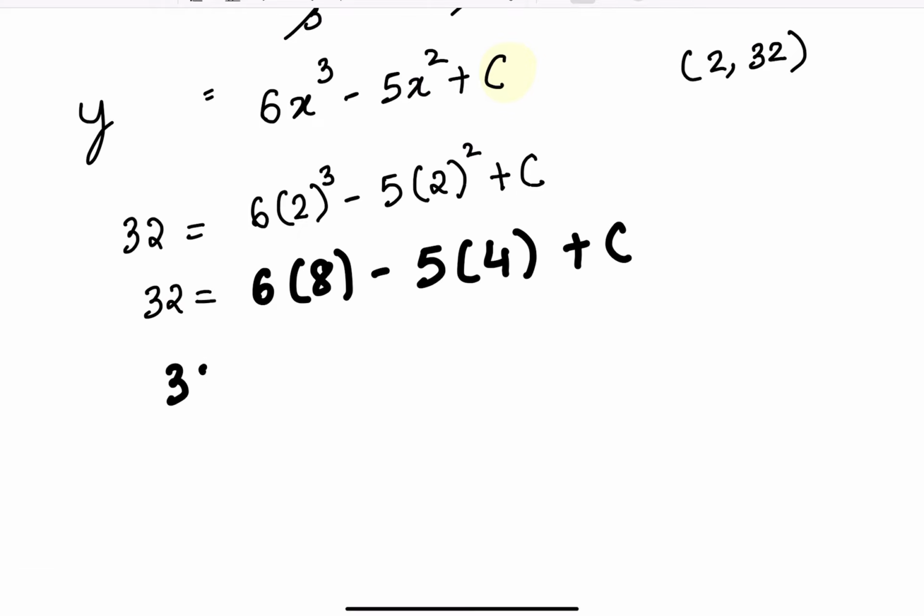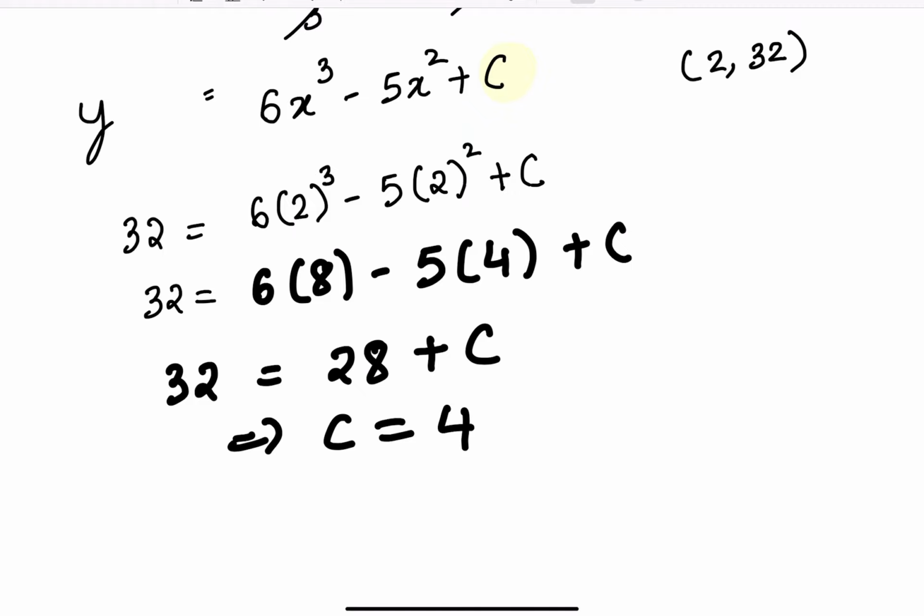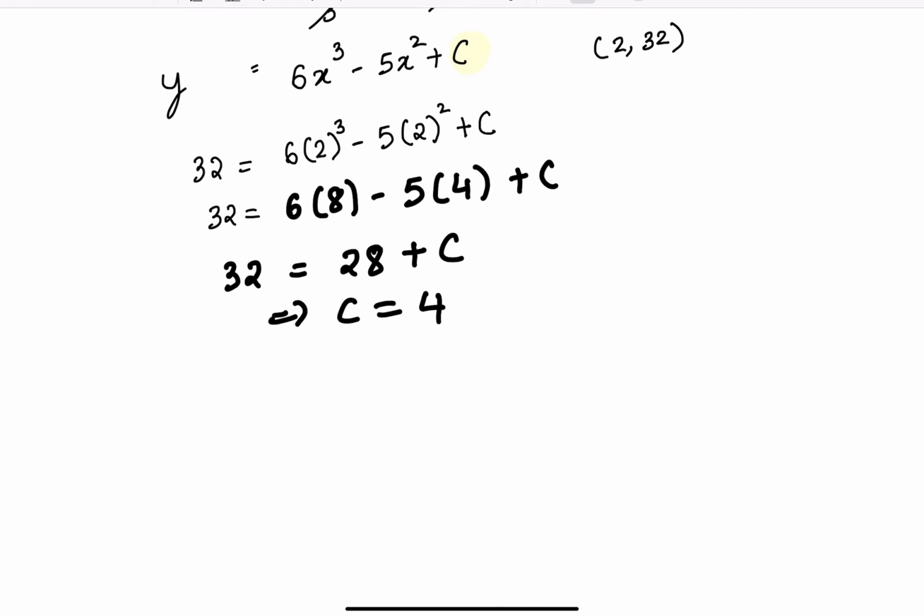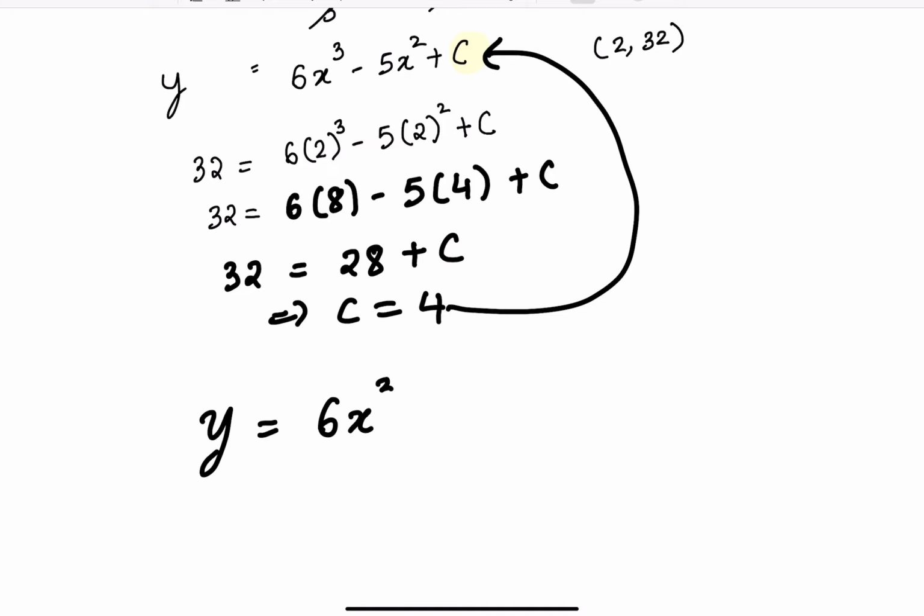So 32 is equal to 28 plus c, so c is equal to 4. Once I have the c, you take it back and plug it into the equation. So your equation is y equals 6x cubed minus 5x squared plus 4.